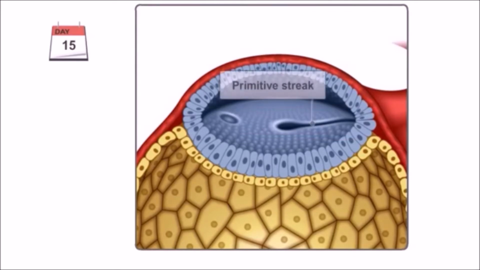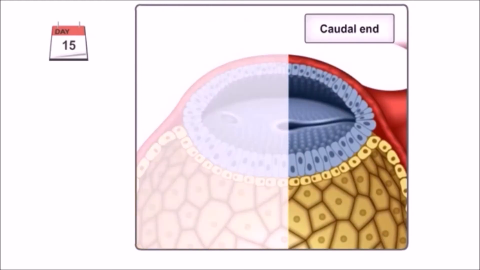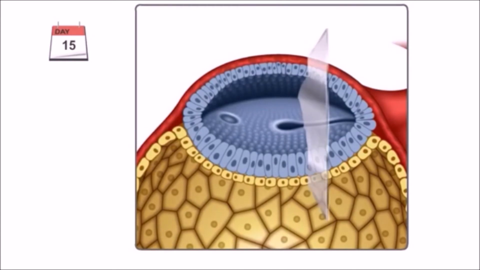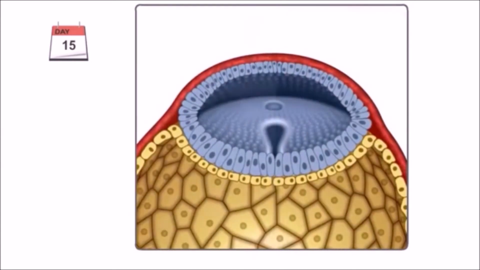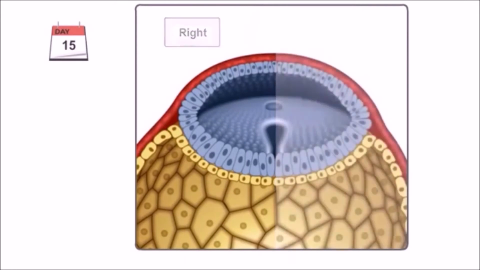This is called the primitive streak. At this stage, the formation of the primitive streak defines the major body axis of the embryo, including the cranial end toward the head and the caudal end toward the tail, as well as the left and right sides of the embryo.